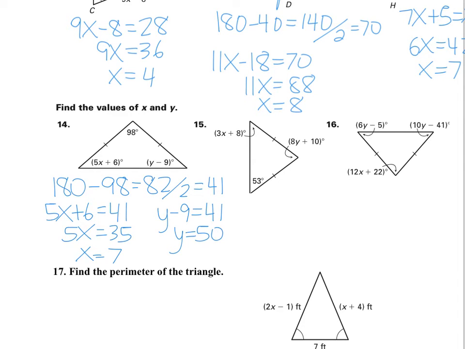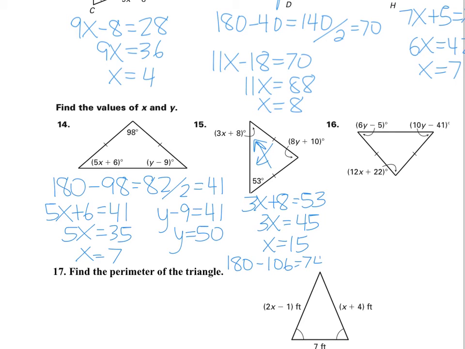In 15, those 2 are congruent. And then to find the y, you could take 180 minus 2 times 53, 106. And that's what this one equals.